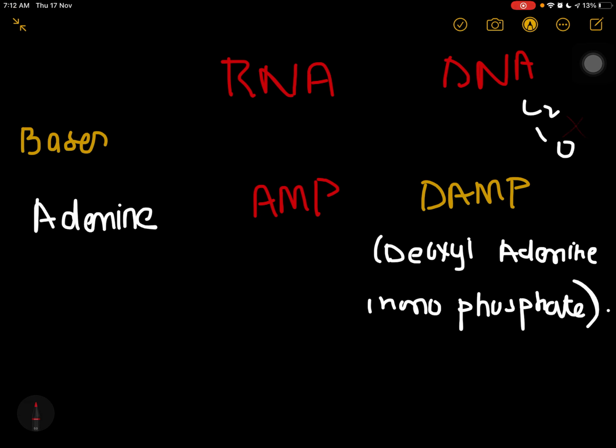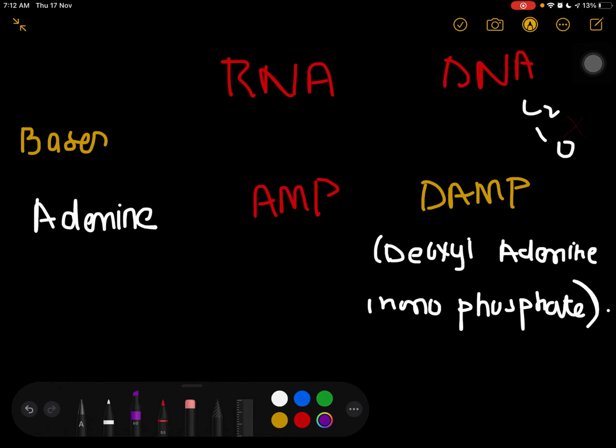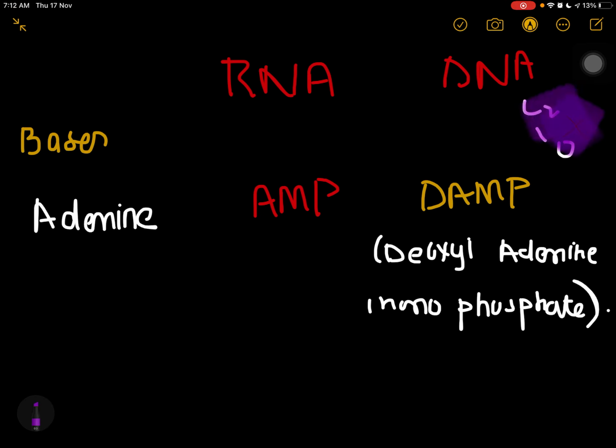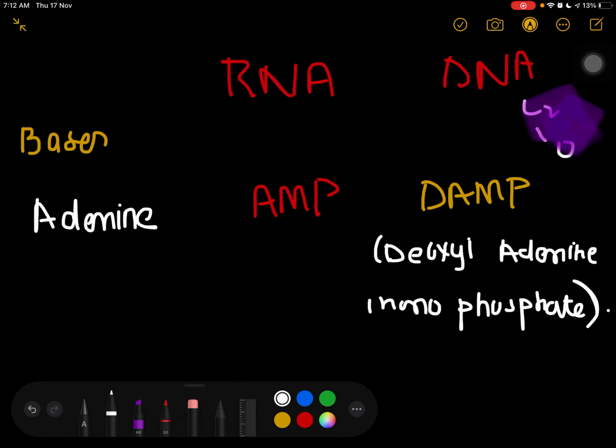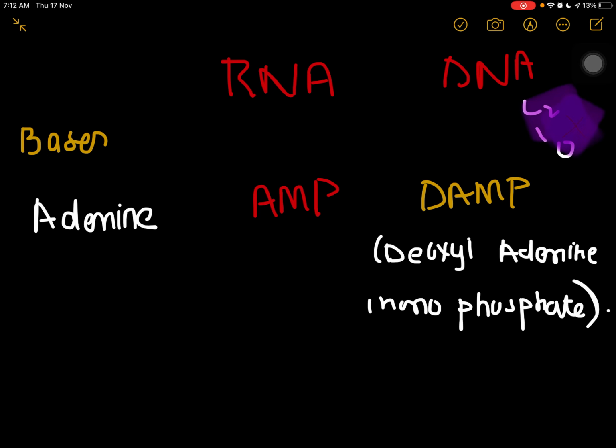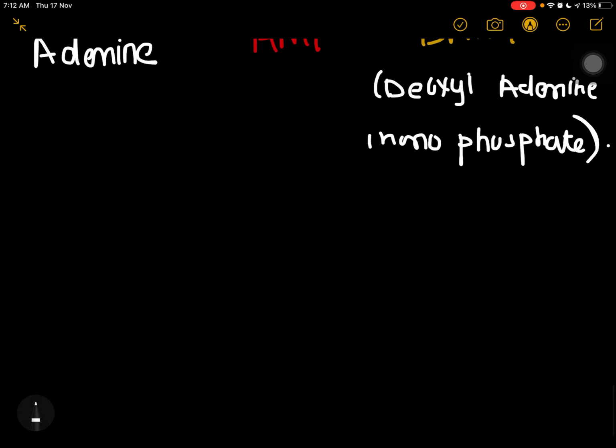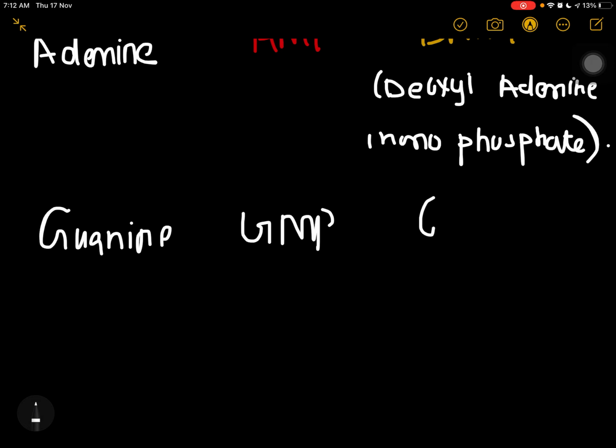That's why we put the deoxy prefix here. Now we have another base, guanine, right? If we have guanine, in RNA it is known as GMP, guanine monophosphate, and here it is known as dGMP, right?